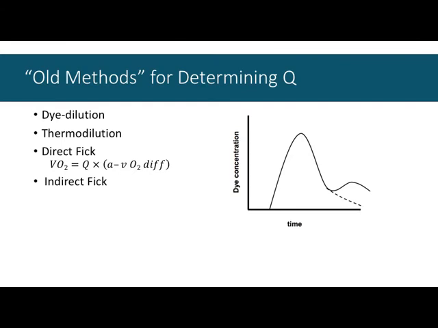So large spike, very contained, means slow flow. Small spike, small amplitude, wide or distributed measurement means fast flow. And the exact same principle applies to the thermodilution technique.